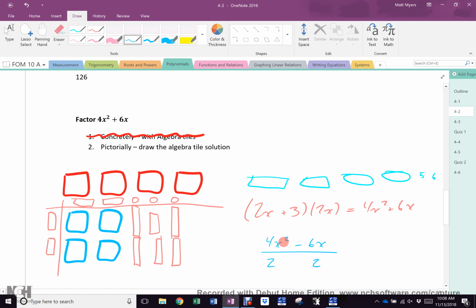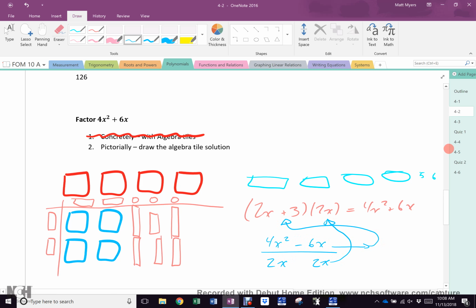I could take 2 from there, but this guy can only give 1. So I can only divide by 1x. That becomes one factor, and this answer becomes the second factor. Yeah?